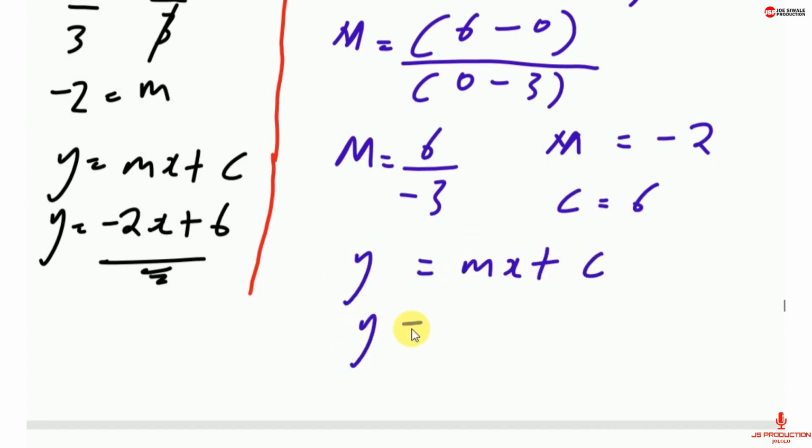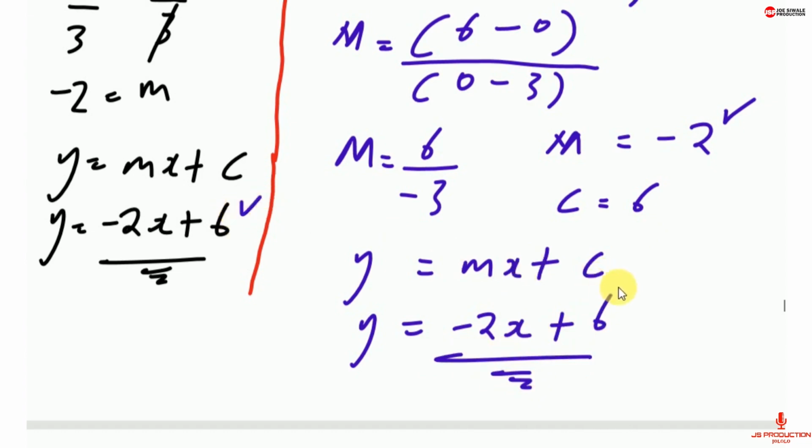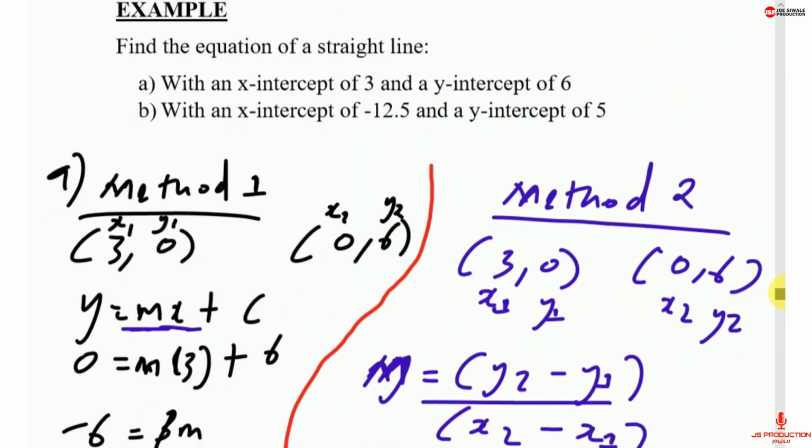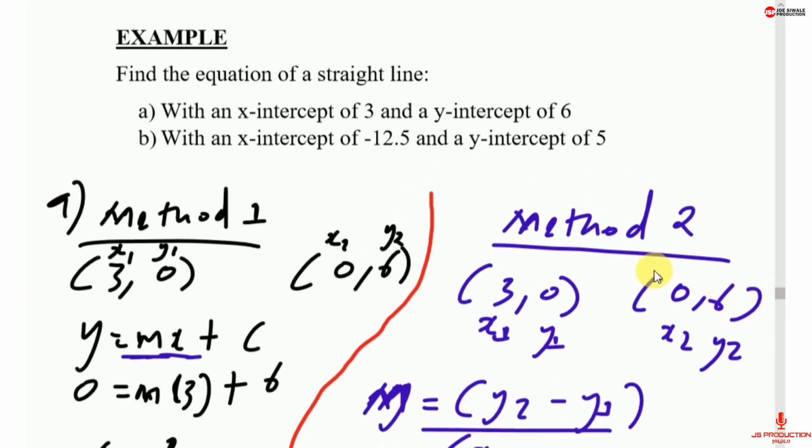So y is equal to, we know that our gradient is negative 2, so negative 2x plus our y-intercept, we know that's 6. So that's going to be our answer. And as you can see, this answer and this answer are the same. So you can choose the method which is very simple to you.